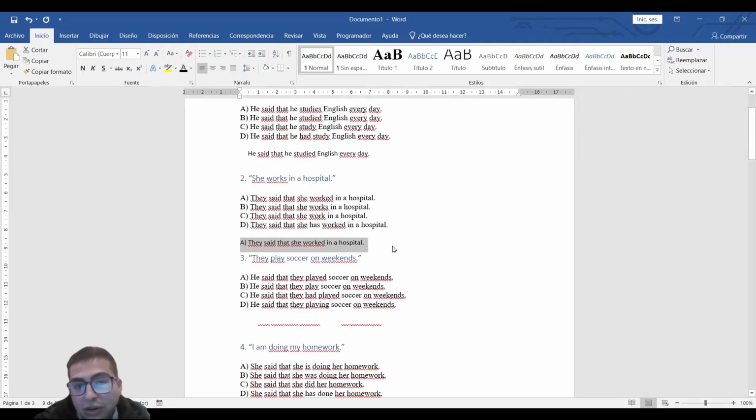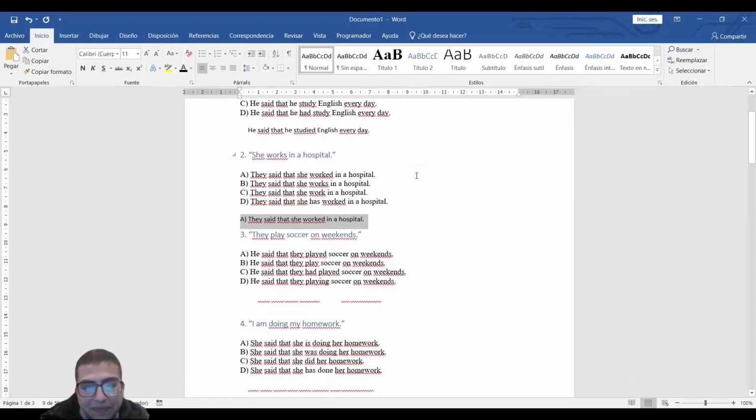No, the correct answer is letter A. The sentence is in simple present, so the main verb changes to simple past. Okay, present simple changes to simple past.